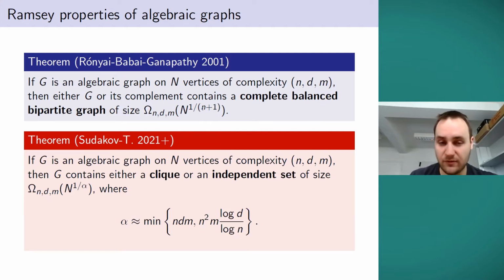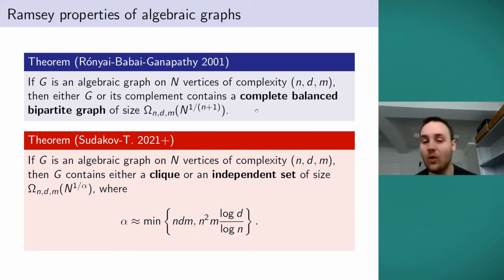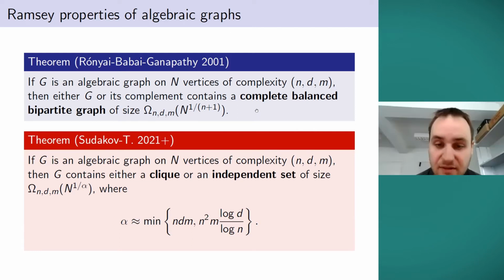So in the theorem of Rónyai, Babai, and Ganapathy, they prove that this exponent only depends on n, and it depends in a very nice way, so it's only linear. Unfortunately, we weren't able to prove that, but at least we could show that it depends at most linearly on each of the parameters in the complexity.